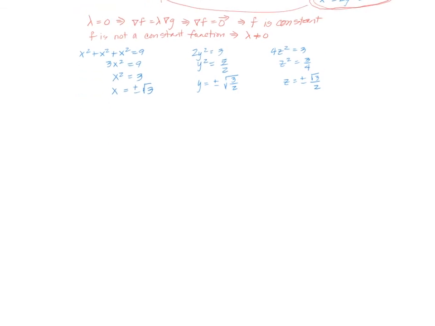So our possible critical points, and I'm not going to write them separately because there's just too many cases, would be plus or minus the square root of 3, comma, plus or minus the square root of 3/2, plus or minus the square root of 3 over 2.